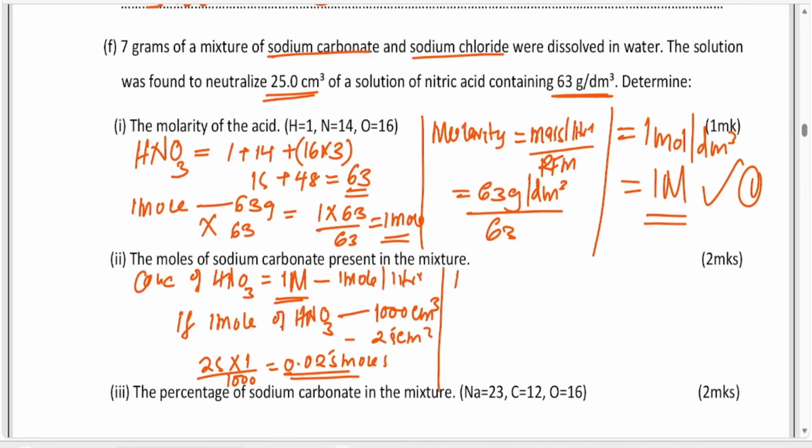So I have sodium carbonate, which is a solid, plus nitric(V) acid, which is aqueous. They are going to give us sodium nitrate plus water plus carbon dioxide. It is aqueous, water is liquid, and carbon dioxide is a gas. So what am I going to do?